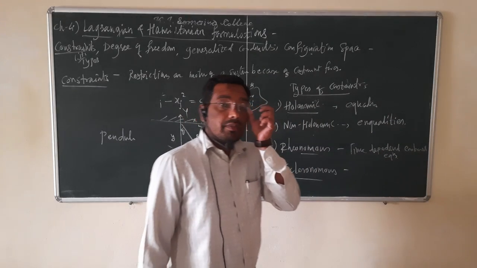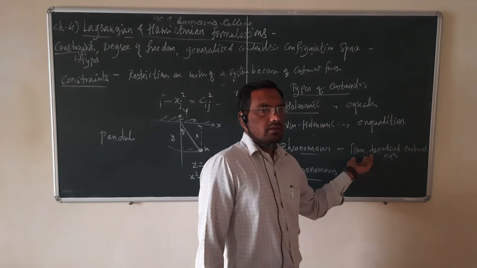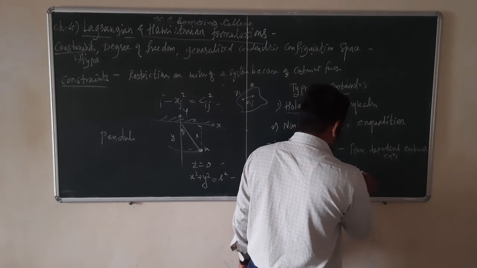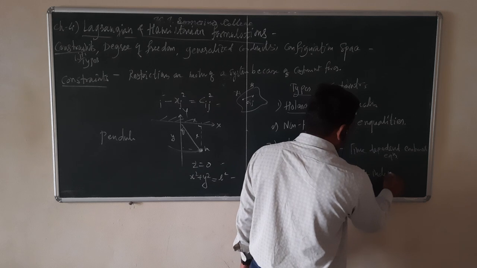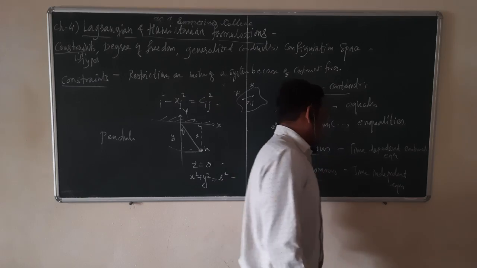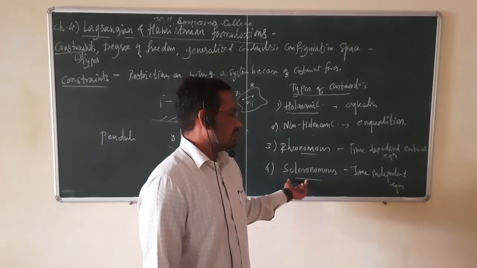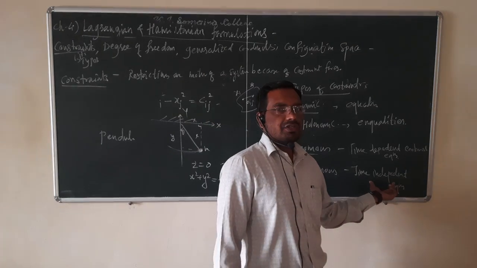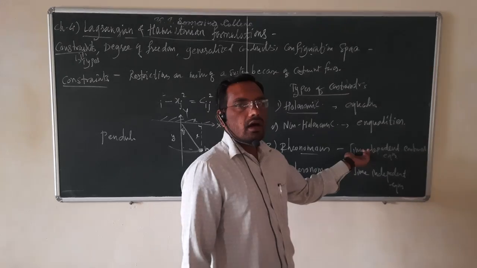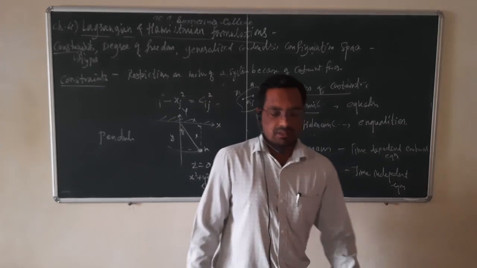If constraints can be expressed as equations which are time dependent, then such constraints are rheonomous. And if constraints are time independent, then such constraints are scleronomous constraints. If a constraint can be represented by a time independent equation, then it is scleronomous. If constraint equations are time dependent, then such constraints are rheonomous constraints.